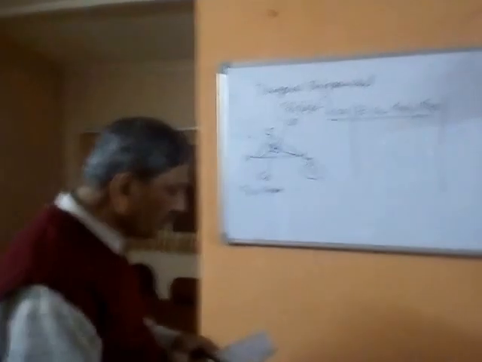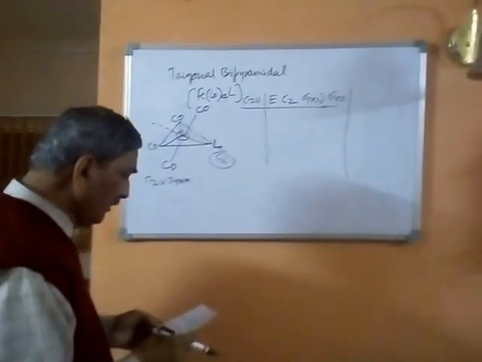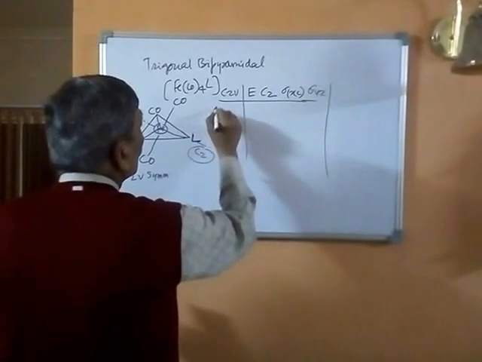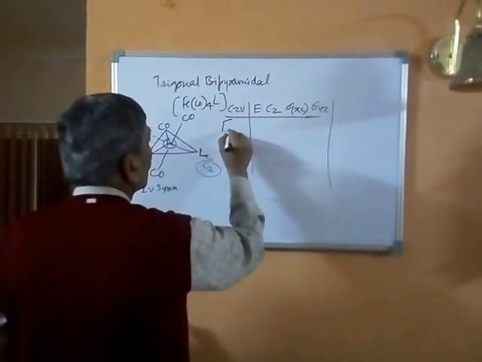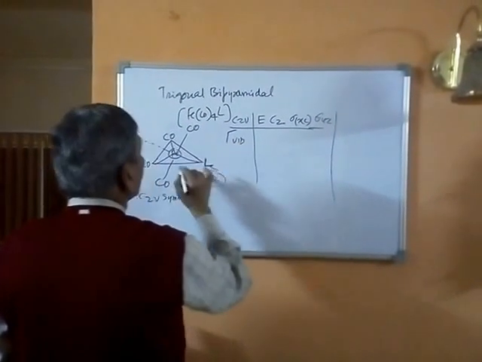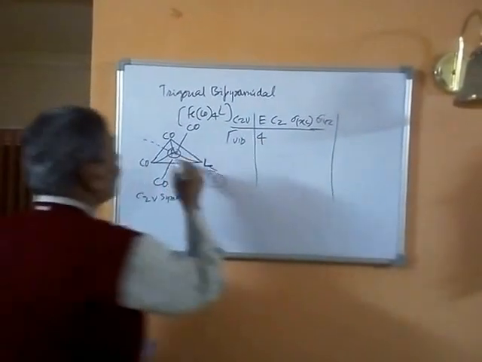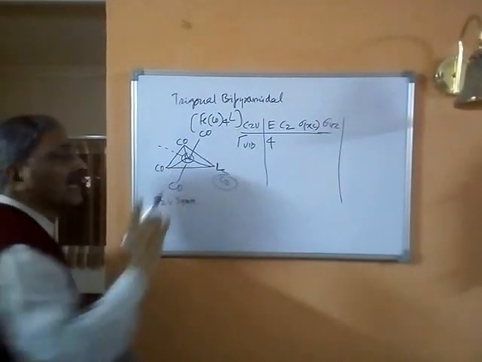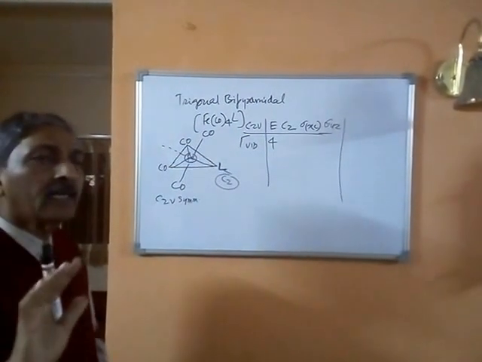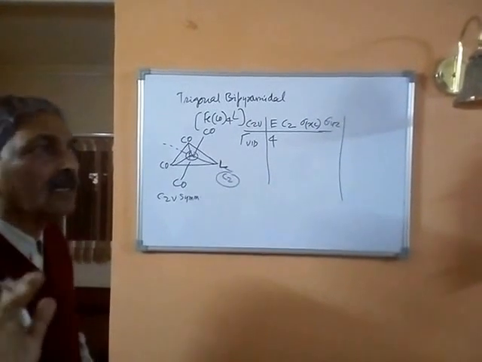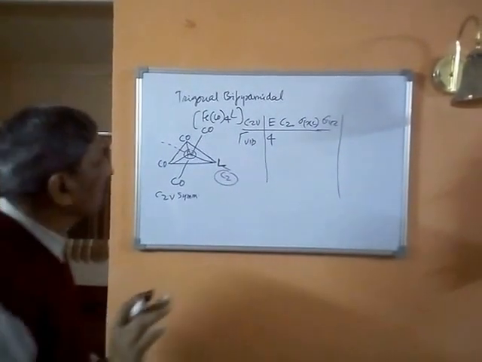So what we find is that in this particular case, you have this tau vibrational, or basically will give rise to, because there are four COs, the character will be 4 because all the four COs remain unchanged, and as we have said that when a ligand does not change its position, the character contributed is +1.